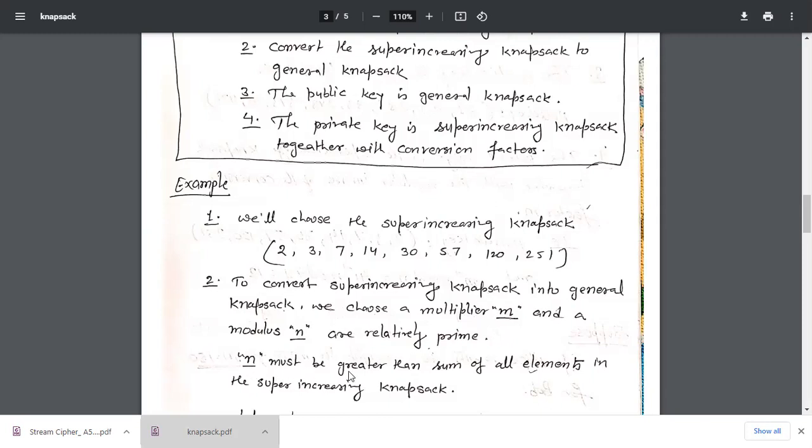Next, another condition is that the value of n must be greater than the sum of all elements in the super increasing knapsack, that is, the given weights 2, 3, 7, 14. n must be greater than the sum of all these numbers.